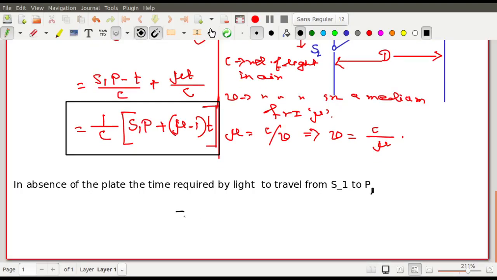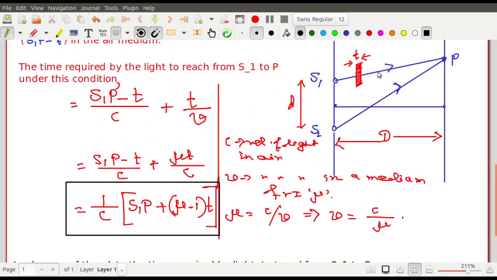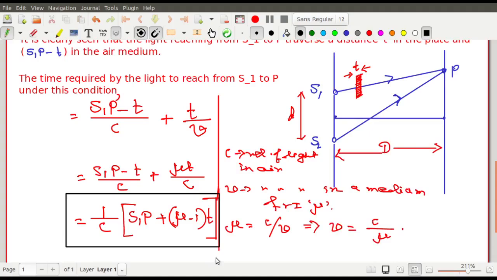Definitely you understand that, since the plate is absent, everything is in the air medium only. So you can write it to be S1P divided by C. Understood? So what effectively happened is that the path S1P has increased due to the presence of this plate.